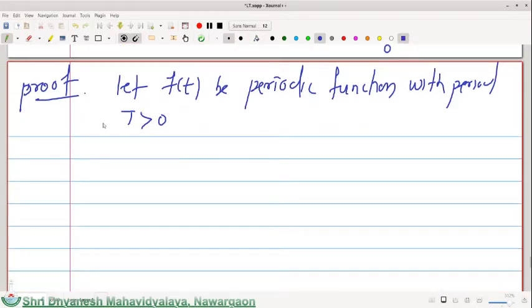That is, f of t plus T is equal to f of t.